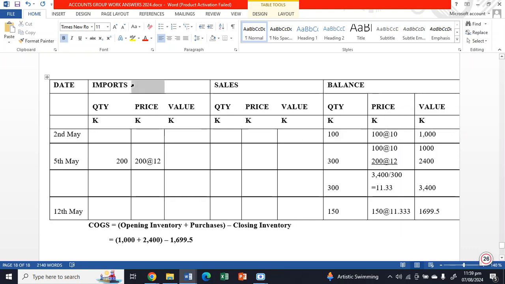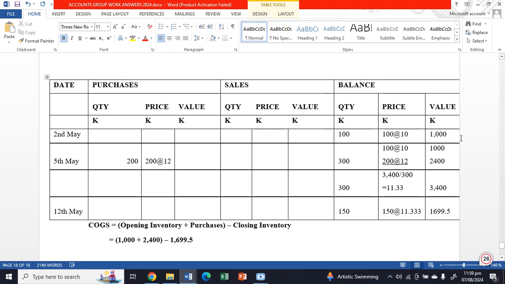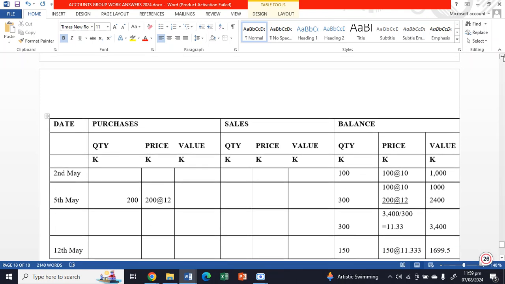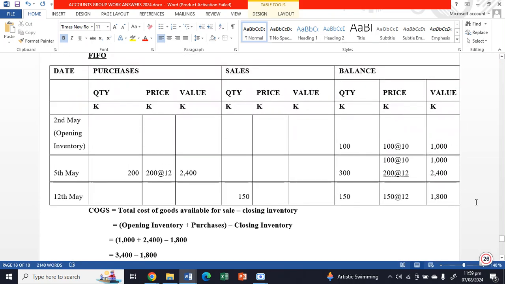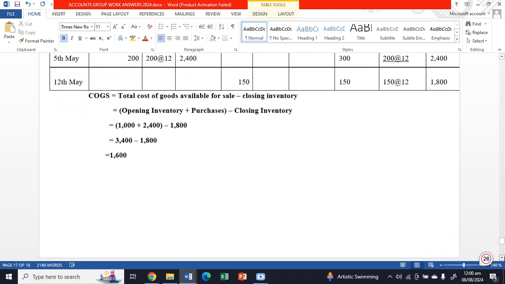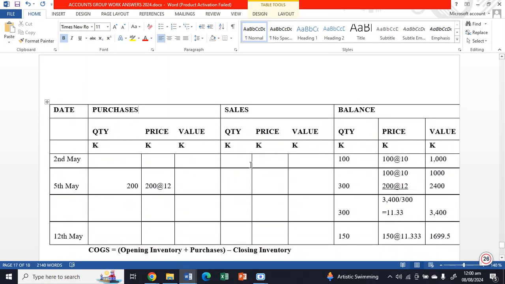Then we made purchases of 200 units at 12 kwacha. So what value did we get? 2,400. So we have 100 units, we brought in an extra 200 units, so in total we have 300 units. 100 units at 10 kwacha, 200 units at 12 kwacha.